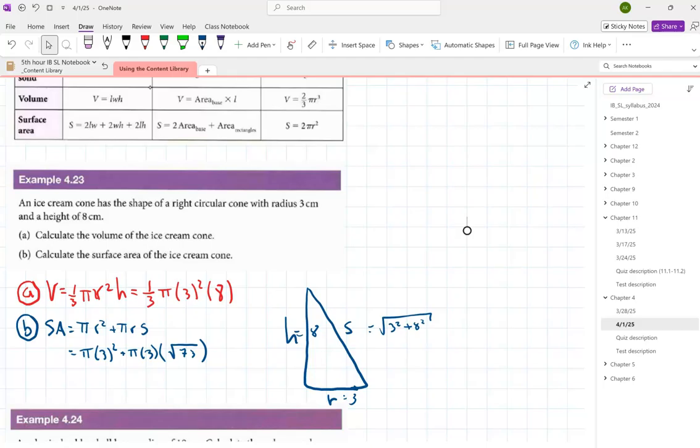What is this cone used for? Ice cream cone. So, does it have a circle as a surface? It's open, right? So that part shouldn't be there. That pi r squared would be if it's a solid all the way through. You guys see that? So that shouldn't be there.